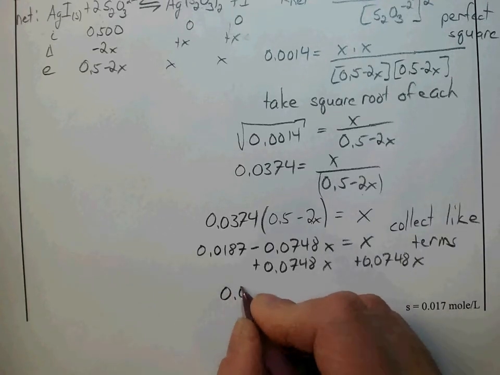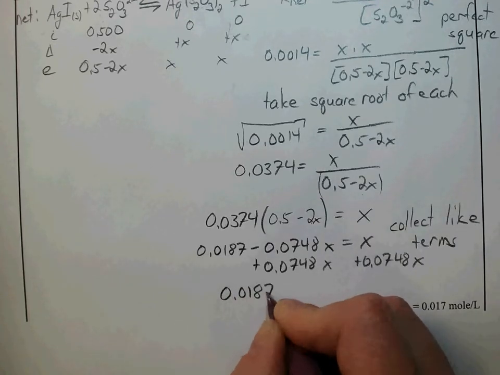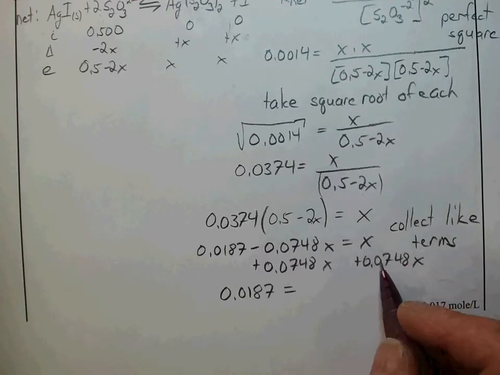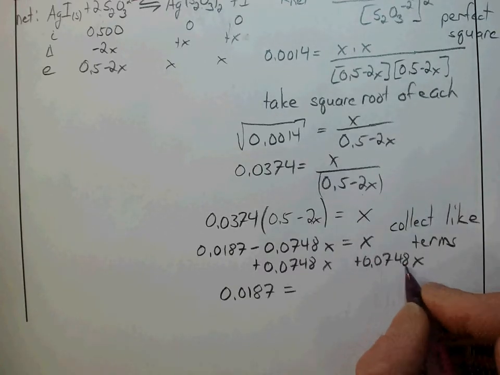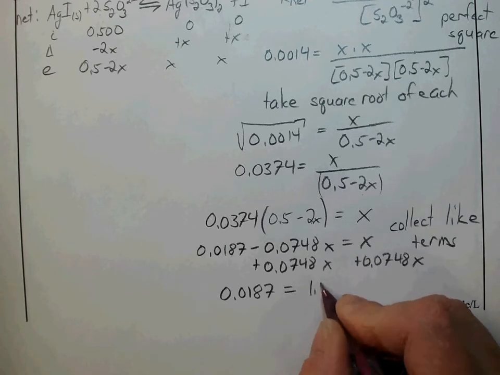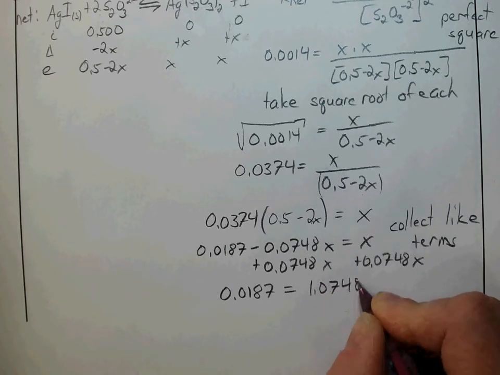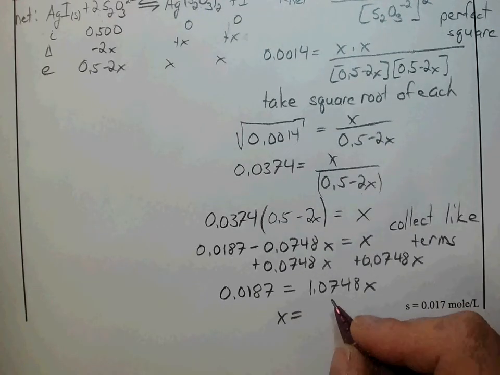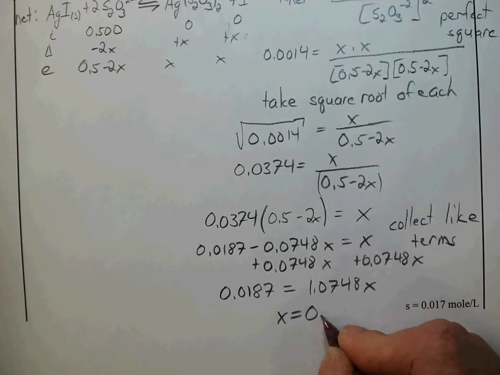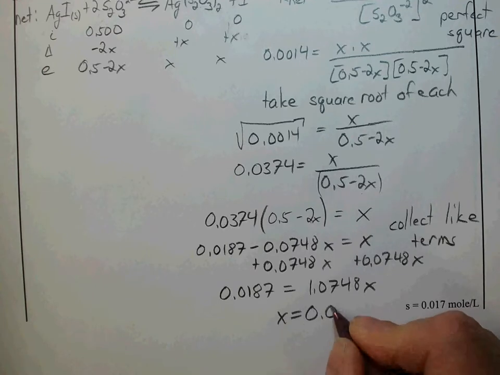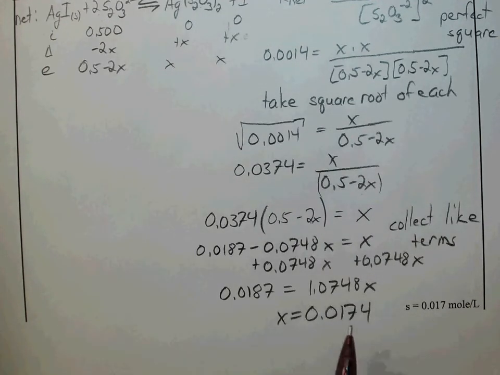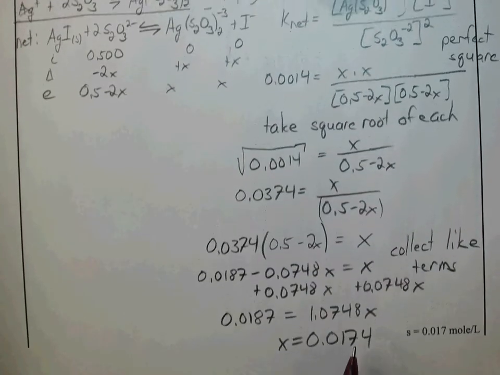And 0.0187 was equal to 1x plus 0.0748x. And finally, x is equal to 0.0174. Now that we have a value of x, we can go back and answer the question.